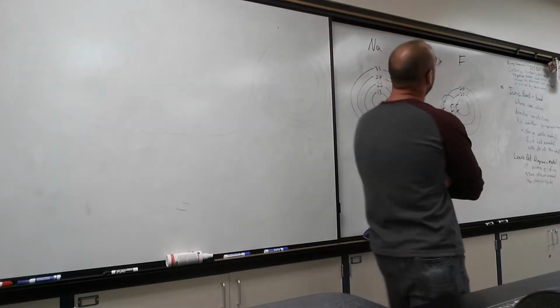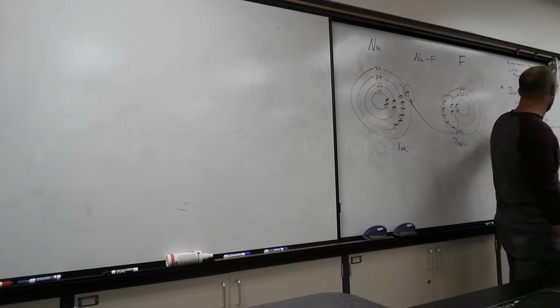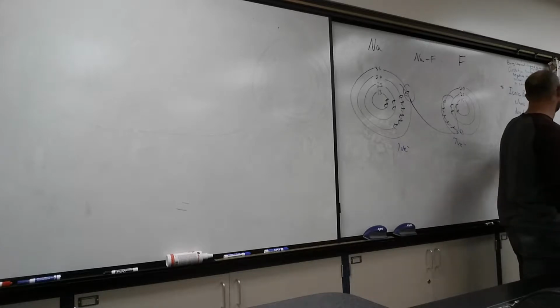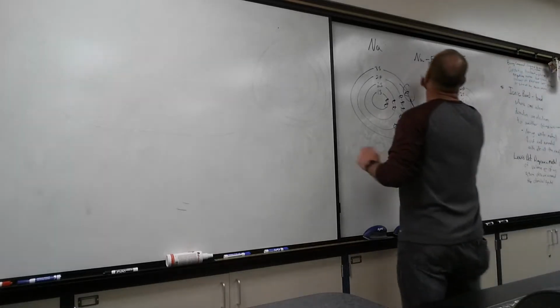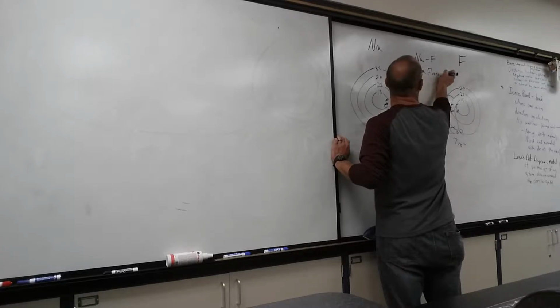So when we write the name of the ionic bond, naming right here, naming, write the metal first, and the non-metal with "ide" at the end. So this would be sodium fluoride.